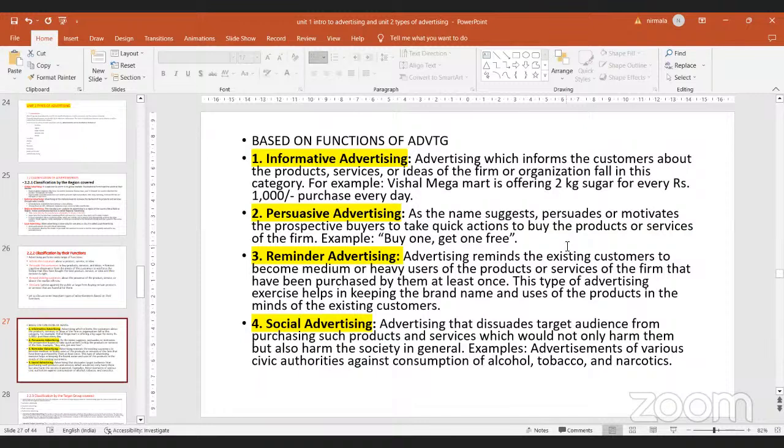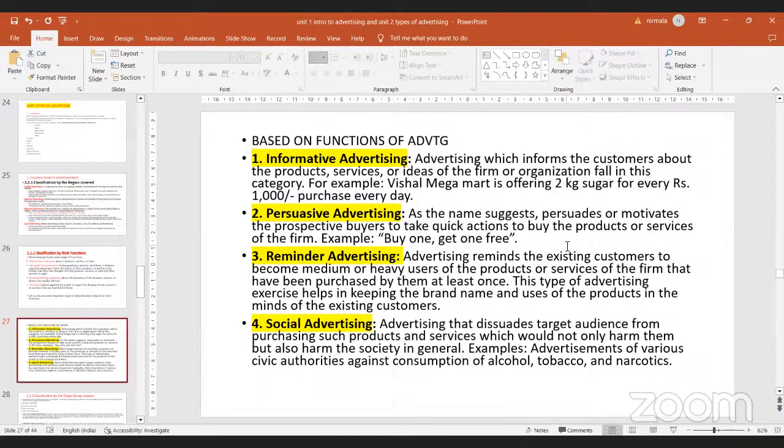It can be done in the form of, again, we will discuss the types of advertisements, like a display ad, or it can be in the form of a classified ad under a section, or depending on the organization, they may go for outdoor advertisements also.